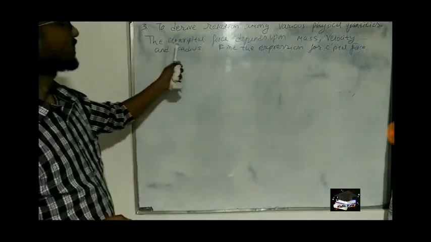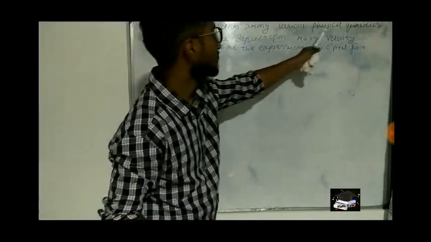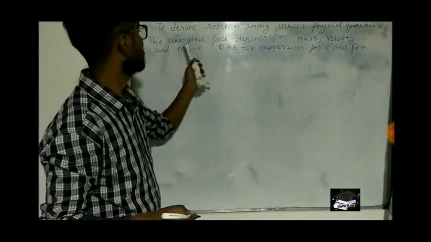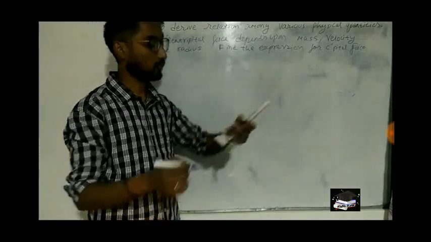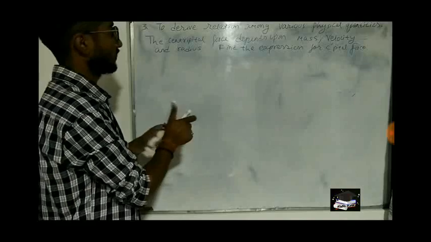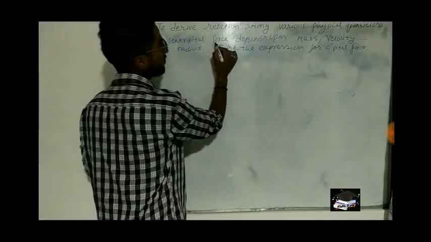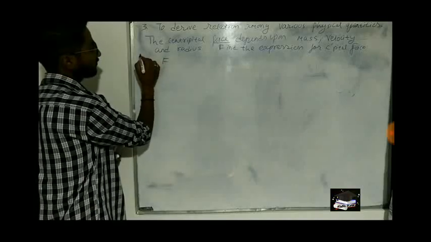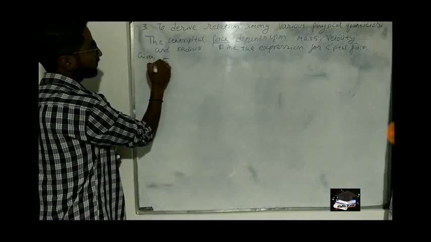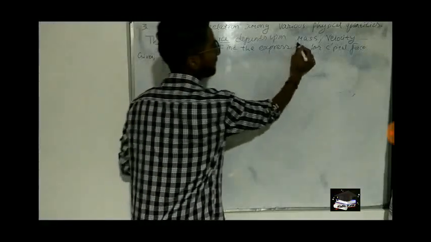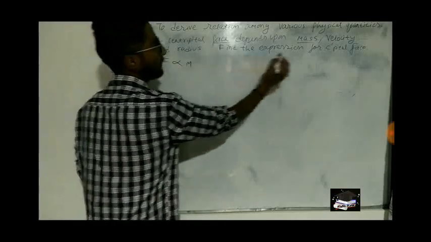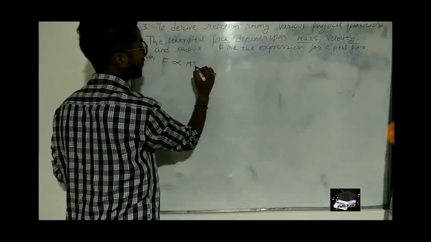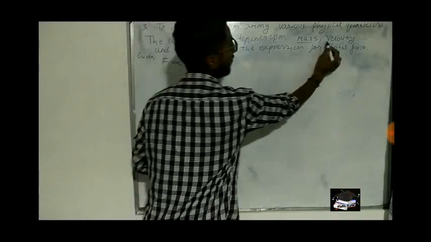Now what is given? Mass, velocity and radius. Centripetal force depends upon mass, velocity and radius. So force is proportional to mass m, velocity v and radius r.